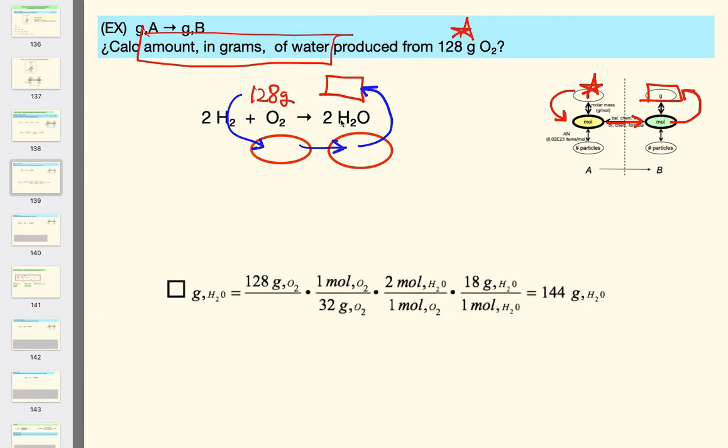Okay, let's walk through it. The box is grams of water, and our star is 128 grams of O2. So here we go. Box equals star, and do the flight path until you get to your answer. We're going to leave grams of oxygen and arrive at moles of oxygen.